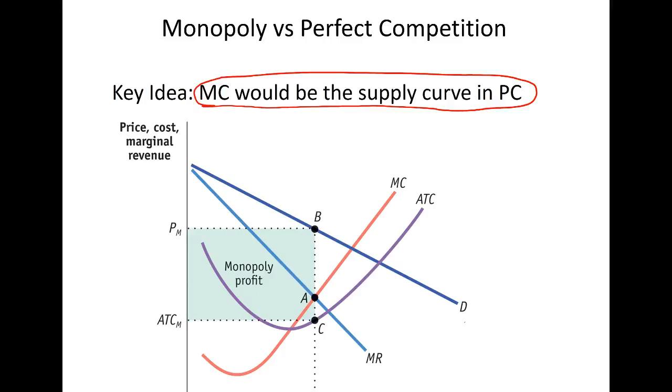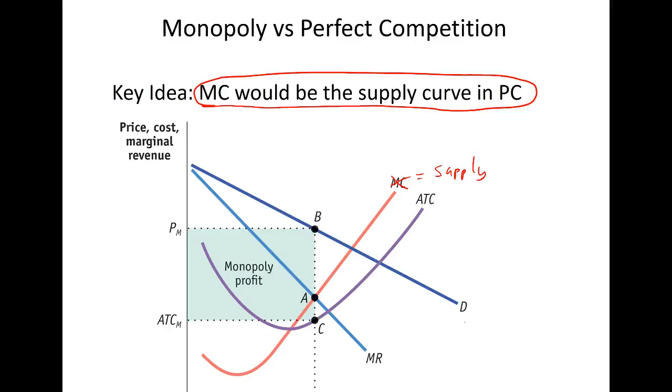The idea is that as long as people could make zero or higher economic profit in a perfectly competitive situation, they would do that. And we saw with perfect competition that the individual supply curve was the marginal cost curve above the shutdown point. So if we take this as a given, in a perfectly competitive world, this marginal cost would be supply.